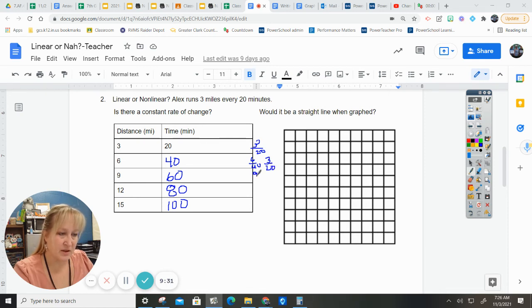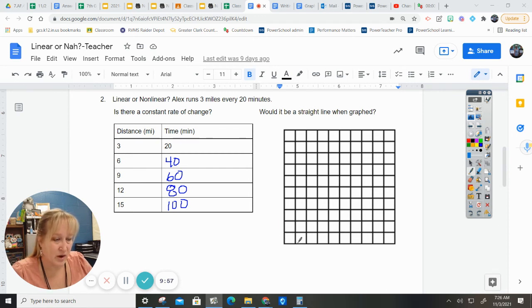This is 9 over 60, which also reduces to 3 over 20. So you can see that this is just like our unit rate problems that we had, where if they reduce to the same fraction that they are equivalent, and that means it's a constant change. You can also kind of see this counts by 20s and this counts by 3s. So since that is accurate, that works.